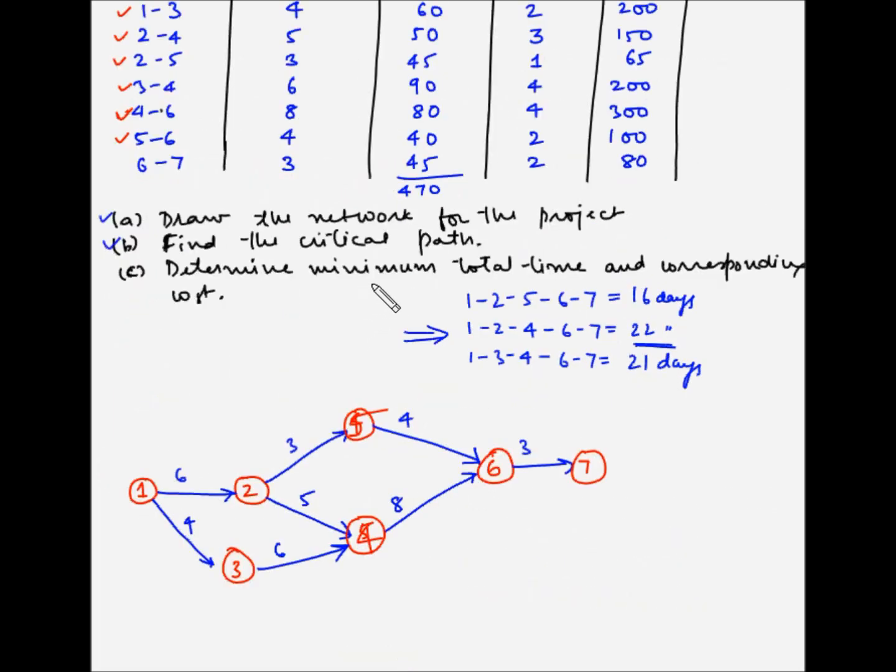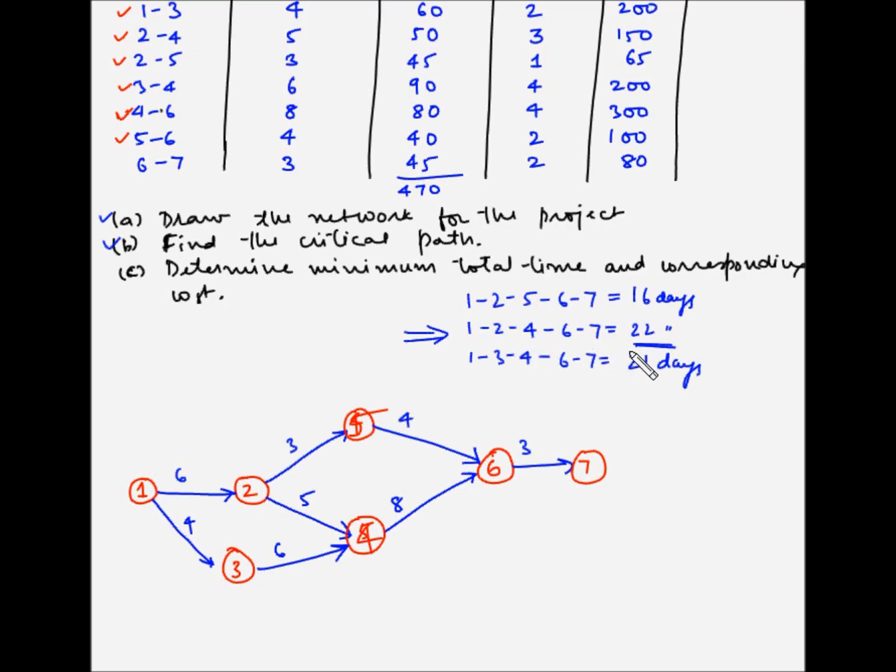Now to find the minimum total time, we have to reduce the time taken by the activities on the critical path, because the critical path governs the duration of the project. So first we'll have to identify which are the activities on the critical path, and then we have to identify the activity which has the least cost of crashing, and then we'll crash that activity.